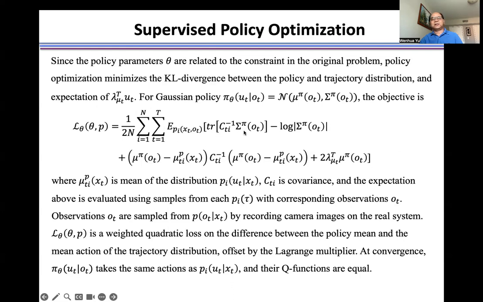This is for the controller, and this is for the policy, and we make sure their expectation loss plus their squared difference, plus this part related to the Lagrange multiplier, together form the objective function.